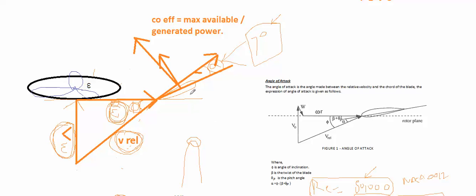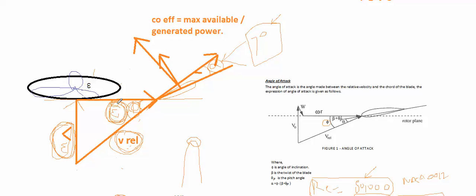Now we know that this angle of inclination, phi, is a function of wind velocity and tip speed, which is r omega. Both of these are random. We can't control them.